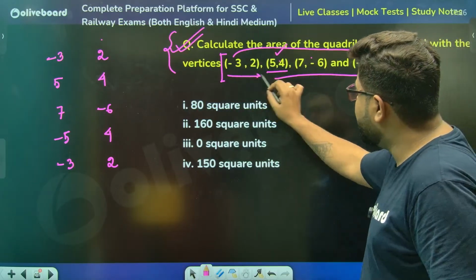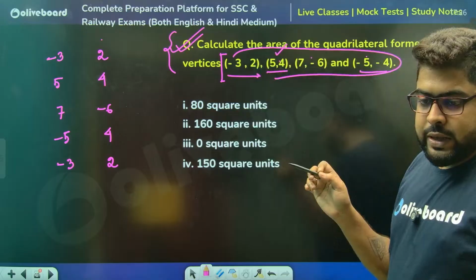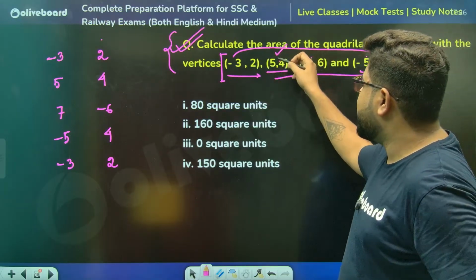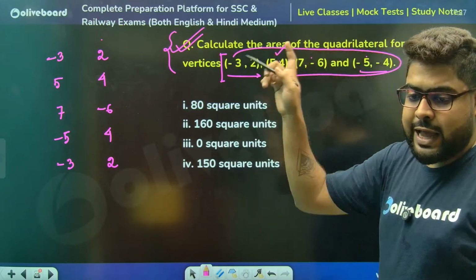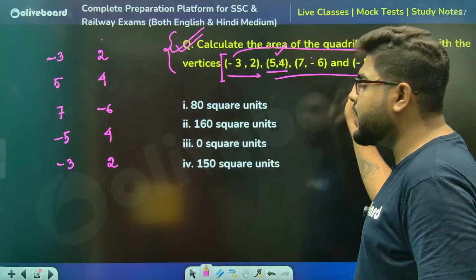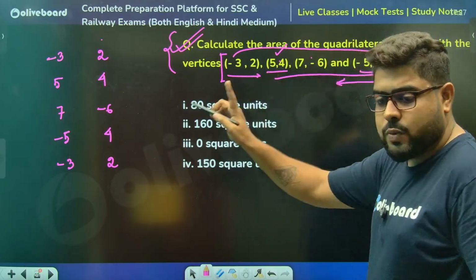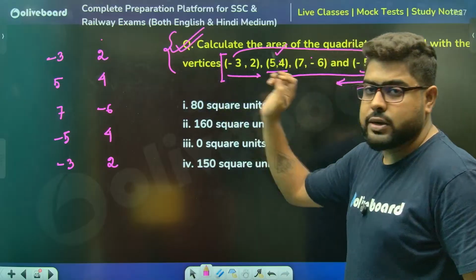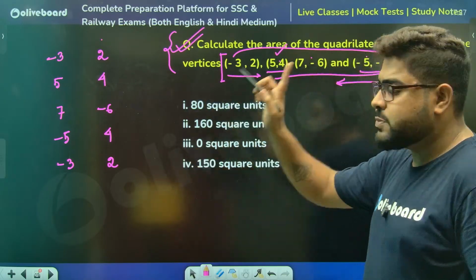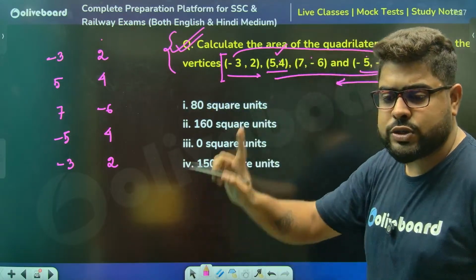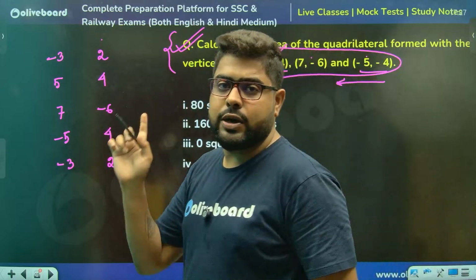You cannot just go like this one, then this one, then this one. You have to follow one order. If you want to go in this direction, that also works. Any direction works, but whichever direction you choose, you have to maintain the order.